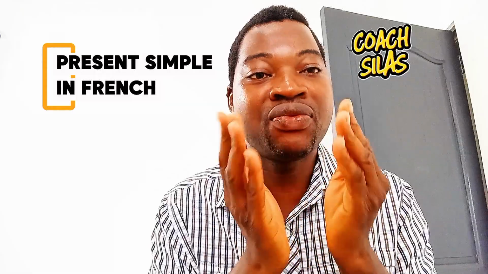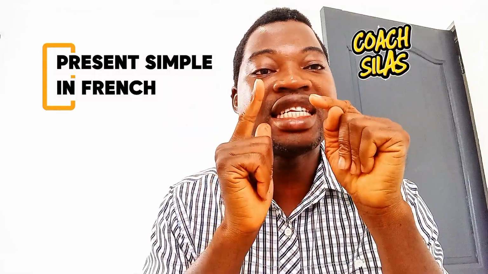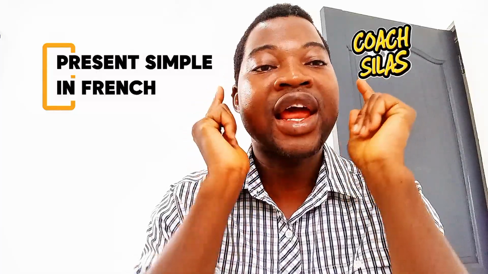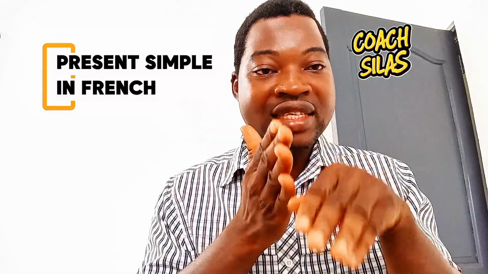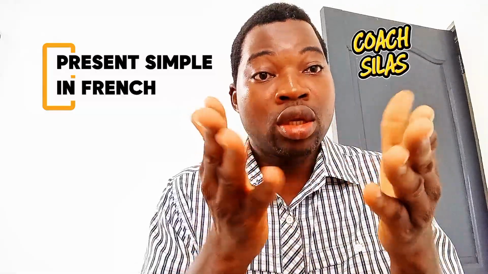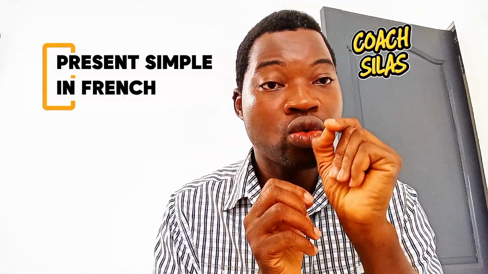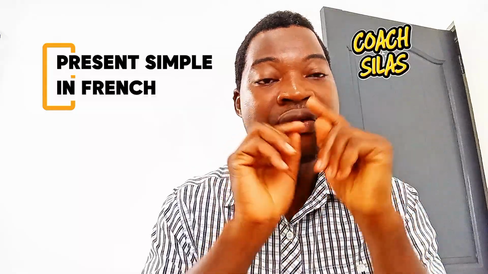Vomir, to vomit. And the last group is verbs ending in RE. Example, descendre, to descend. Vendre, to sell. Today, we're going to learn how to conjugate ER verbs.